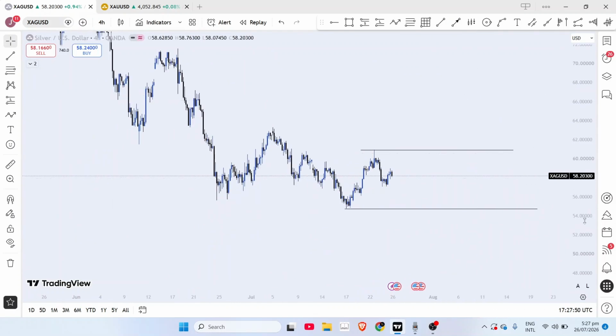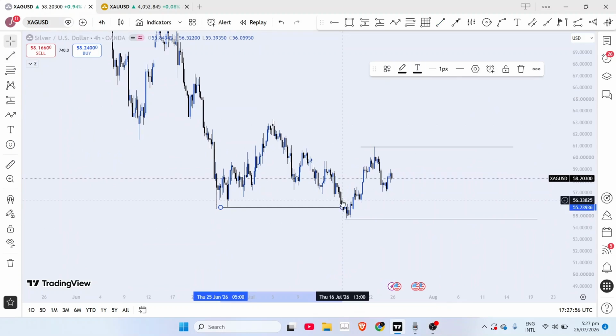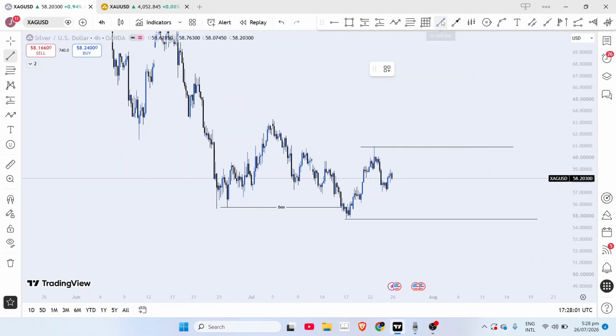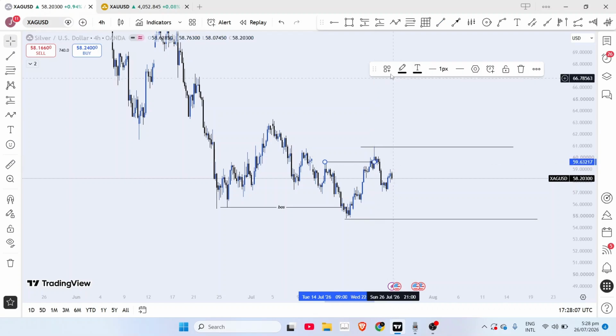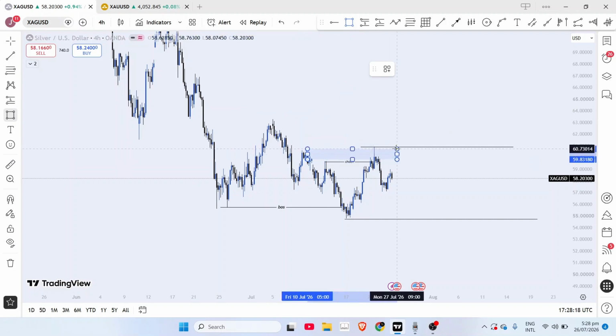for silver on the 4-hour time frame, you can see that we have this break of structure here. We have this break of structure. Now we have this break over here that someone might call a change of character, but the skeptical aspect of silver is that you can see silver reacting from this place.